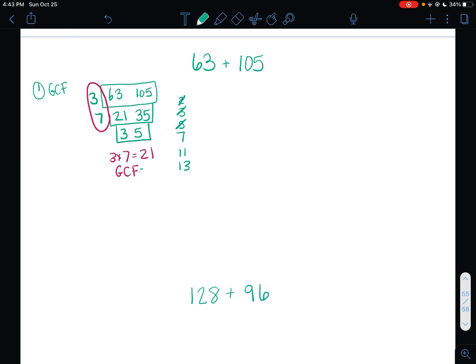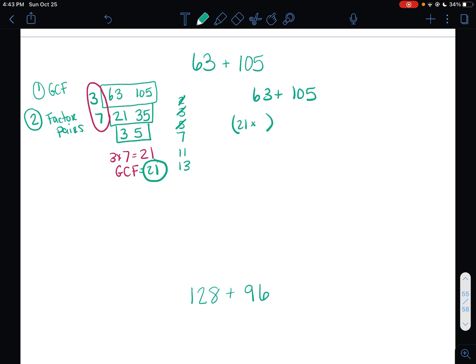After I have the greatest common factor, my second step is to write factor pairs for each addend. So 63 plus 105. I'm going to break down each addend using my greatest common factor of 21.